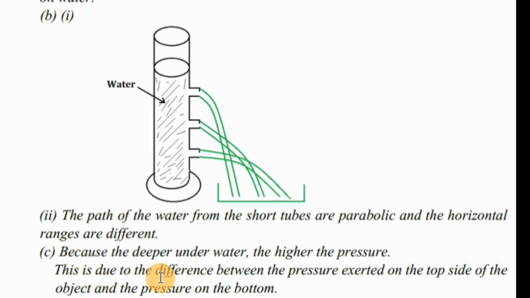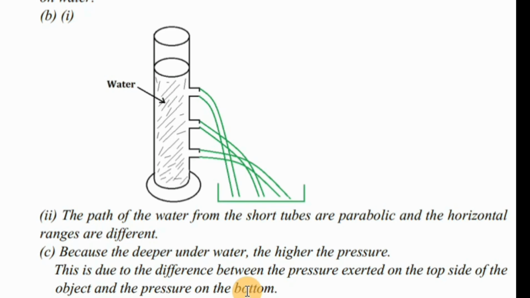As you see, the deeper underwater, the higher the pressure. This is due to the difference between the pressure exactly on the top side of the object and the pressure on the bottom. It's understandable that the pressure at the top will be very small, and at the bottom the pressure will be very big, because the bottom has the bigger depth.